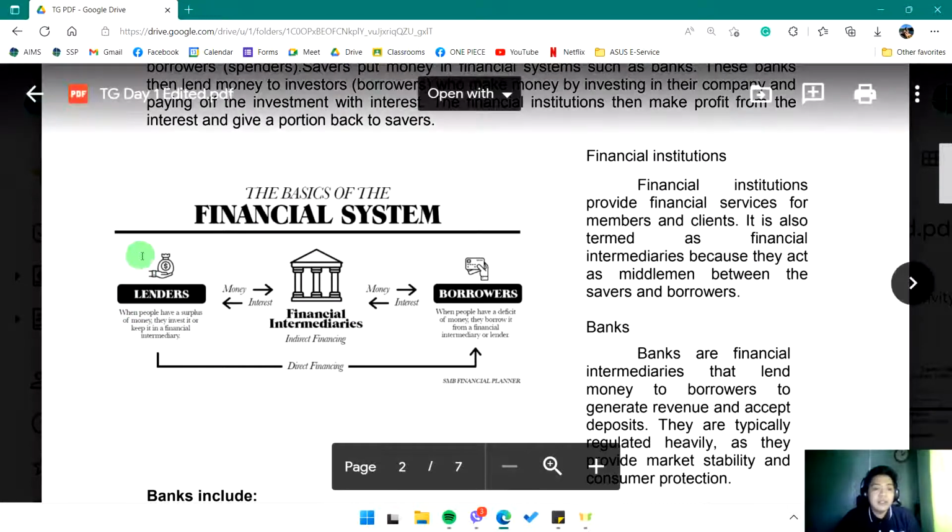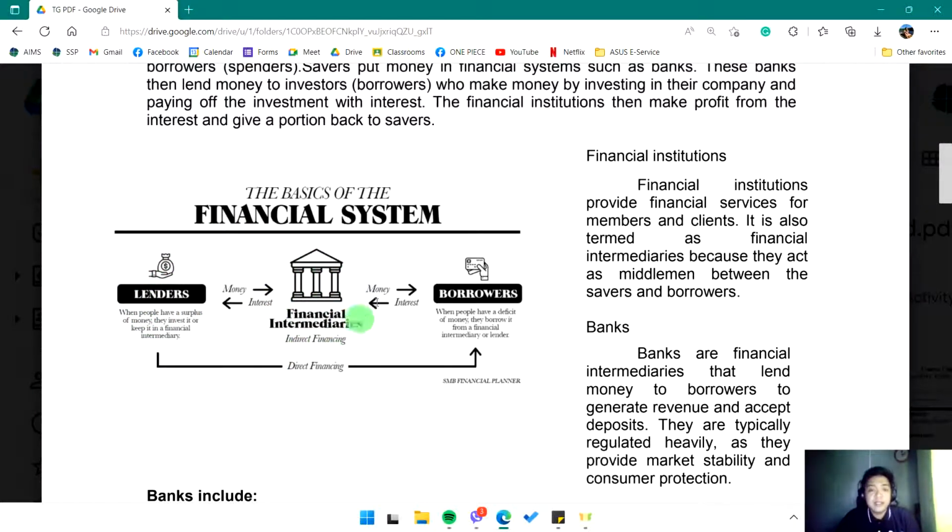We will discuss that lenders save up money in financial institutions, or financial intermediaries in this case. And then these financial institutions will also give money to borrowers. Borrowers will then pay their loans with interest.